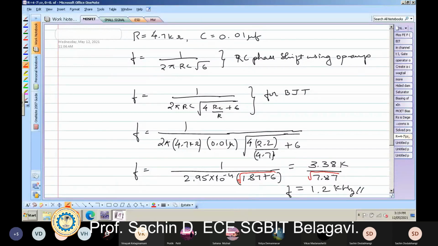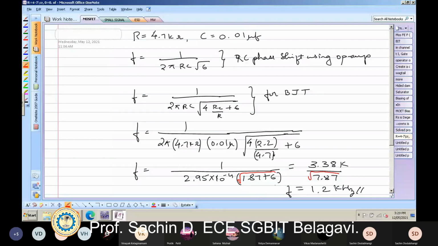This is also a square root. Just check it now. That is the square root. Now you're getting 1.2, right? 1.2, sir. Okay, I didn't include a square root here. So after including the square root, you'll get 1.2.